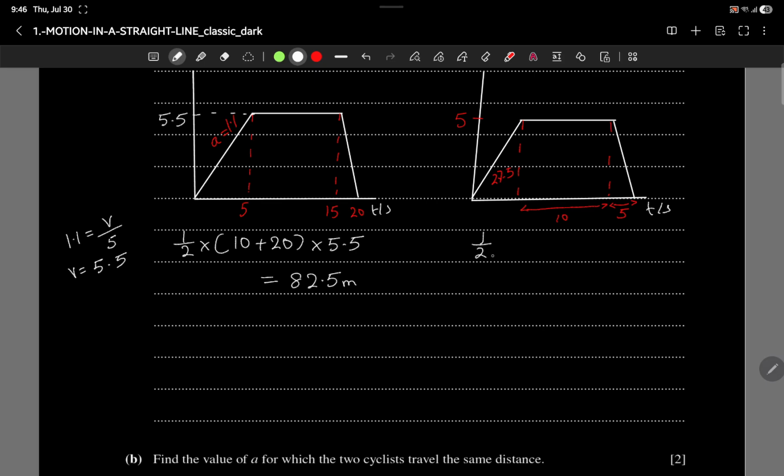What about Maria? So this part is going to be this part with the distance we already know. What about the rest? The base is 10. Wait, rectangle. So 10 into 5. This part plus this part plus this part.